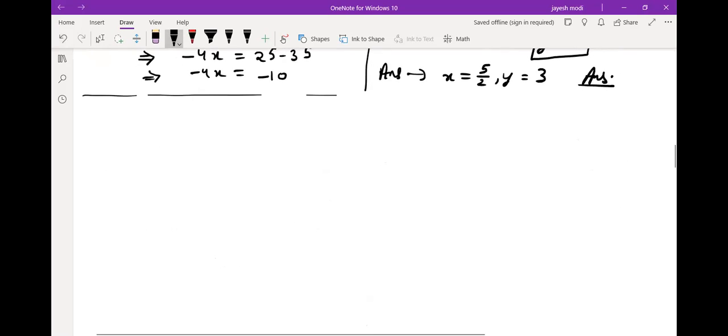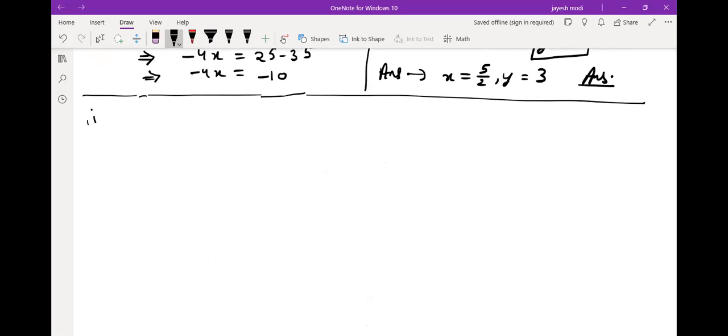Next method is the elimination method, in which one of either x or y is eliminated by making their coefficients the same. And in question number 2, we have to solve using this method. Like question number 2a, 7x plus 6y equals 71.